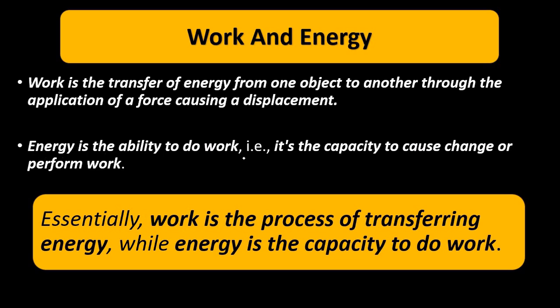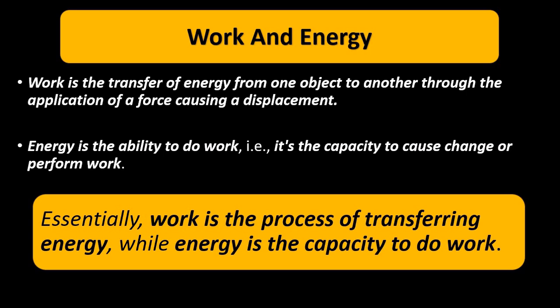So energy is the ability to do work, the capacity to cause change in the position of an object, that is performing work. Work is the transfer of energy from one object to another through the application of force which causes a displacement. So we can sum it up as: energy is the capacity to do work, work is the process of transfer of energy.